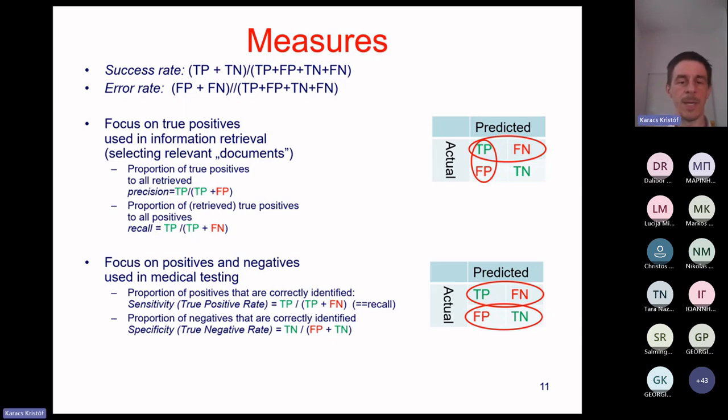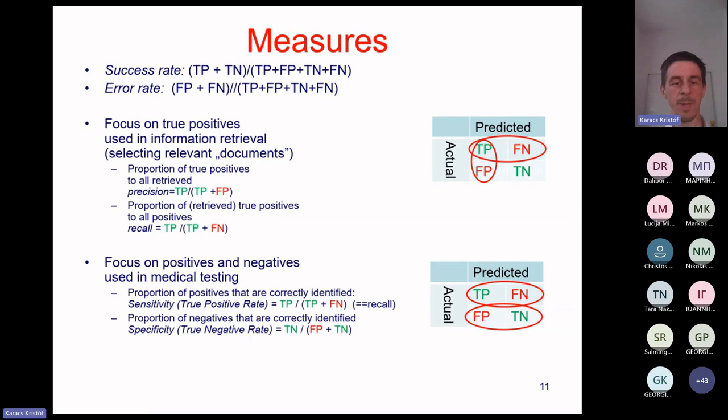And the other aspect is where we compare the true positive cases to the samples that were predicted to be positive. This corresponds to the vertical ellipses here on the right-hand side confusion matrix.